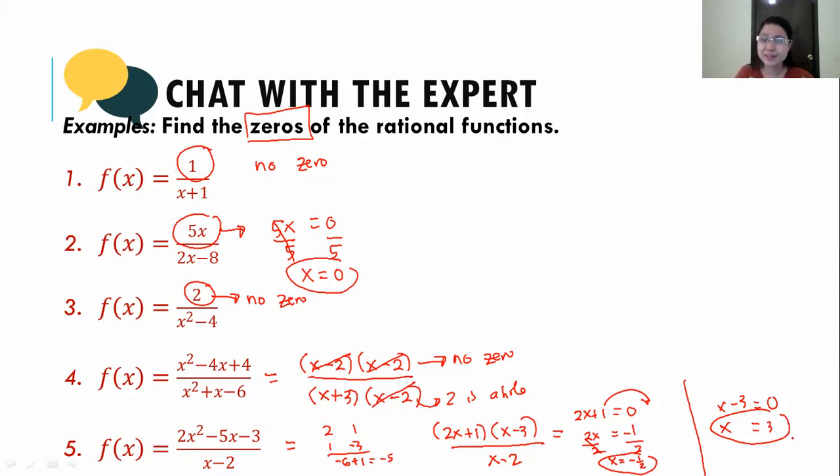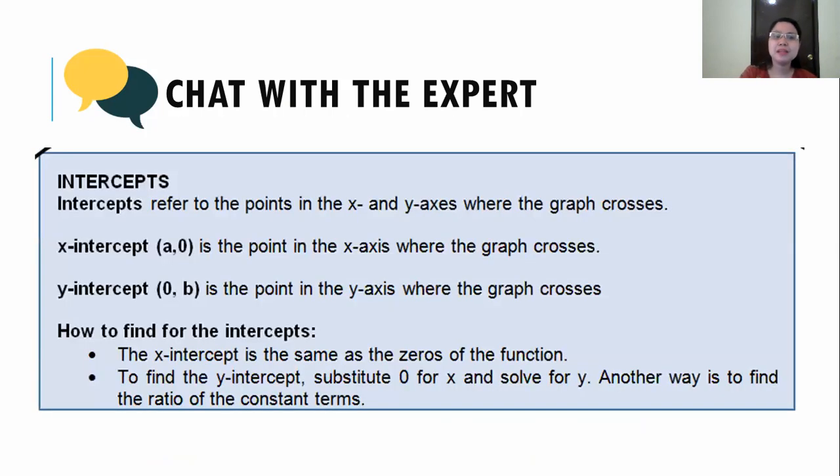Any questions for the zeros? Before I go to the last one, the intercepts. Okay, if there are no questions, we go to the intercepts. Now, we have 2 intercepts. What do you mean by an intercept? An intercept is a point that crosses the x and the y axis.